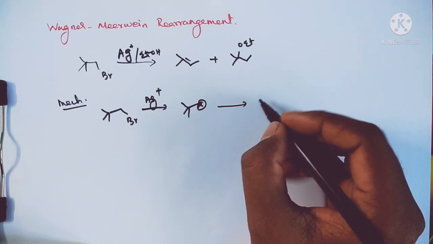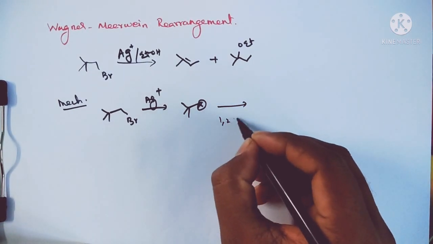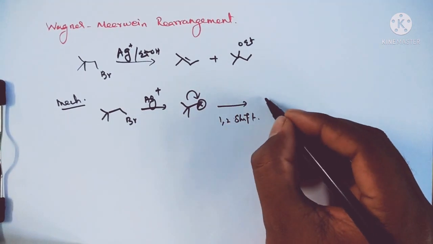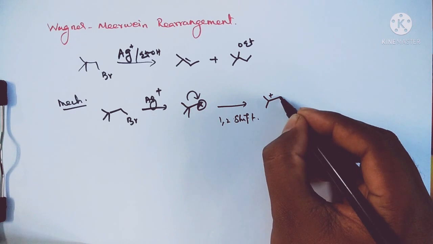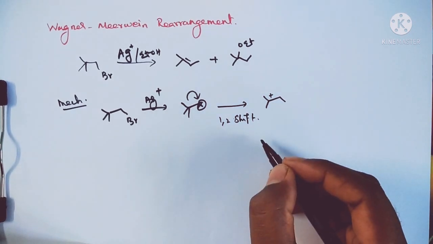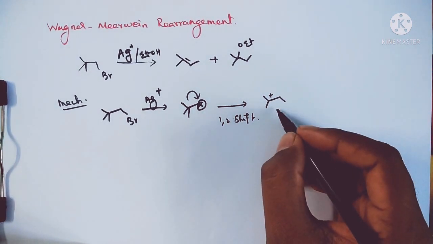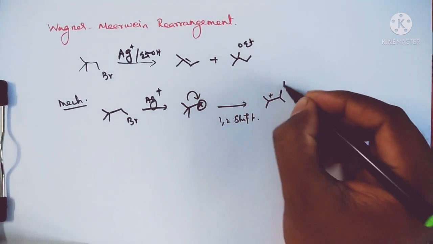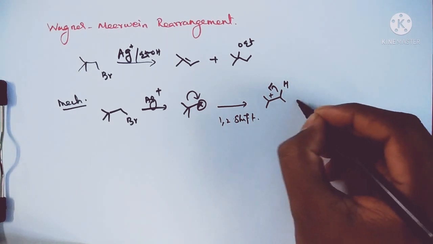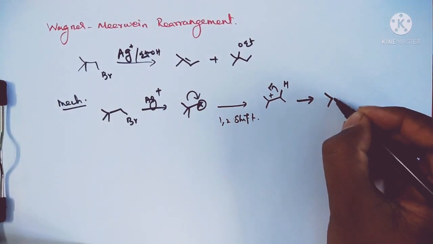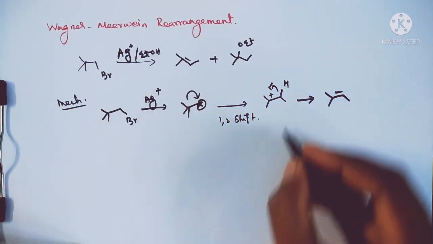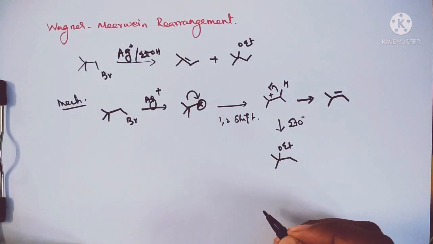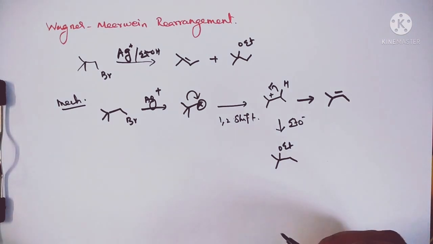So a 1,2-methyl shift occurs, and now we get a tertiary carbocation. The tertiary carbocation is more stable than the primary carbocation. Now the elimination of hydrogen gives the product. We'll get 2 different products.